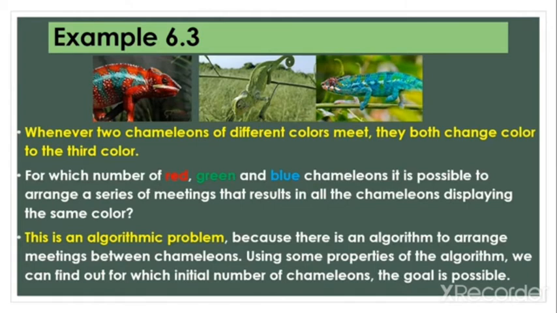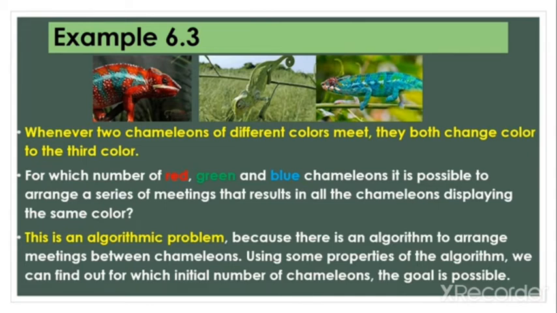So red and blue, when they meet a green chameleon, the red and blue will be changed to green. So this is a property for this algorithm.